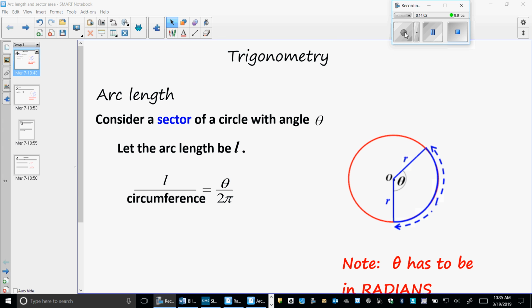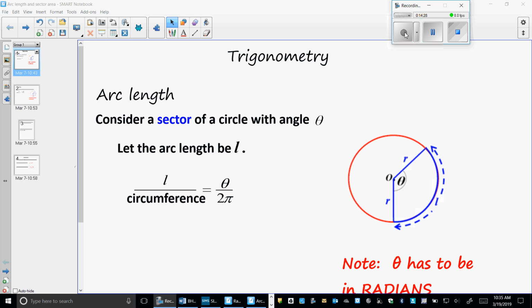Okay, so why are these radians useful to us? Well, it means that we are able to find a new way of finding the length of an arc. Up until this point, what you may have been asked to do is to find an arc length, and you would identify which angle this was, and you'd say that it was that fraction of 360.